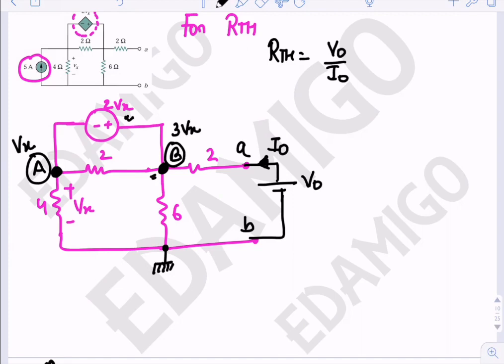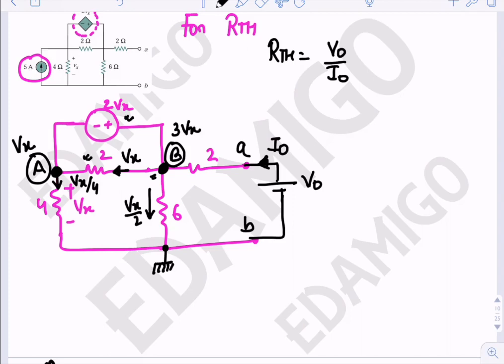Current here will be Vx by 2, current in this branch will be Vx by 4, current in this branch will be Vx, because the drop across this 2 ohm resistance is 2Vx, right?